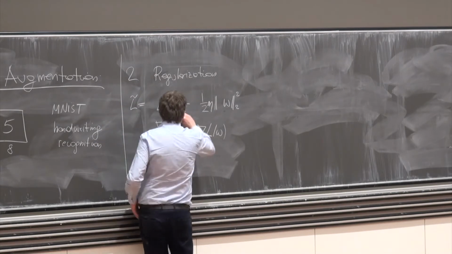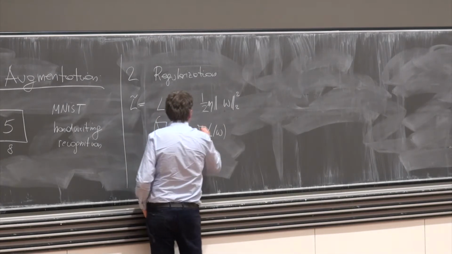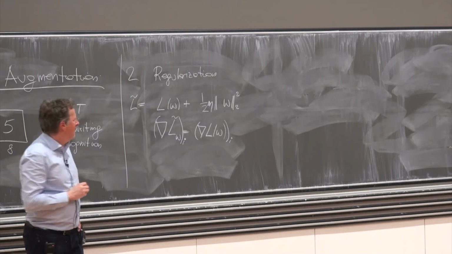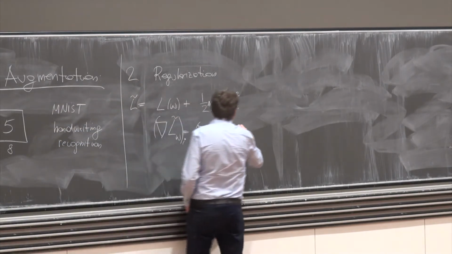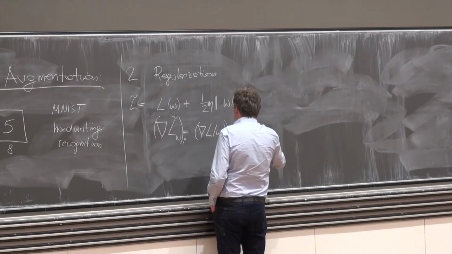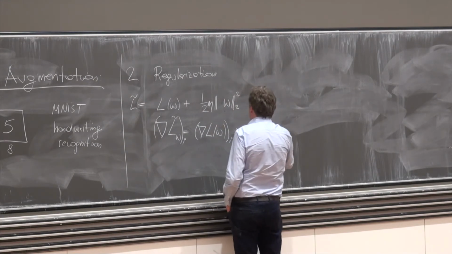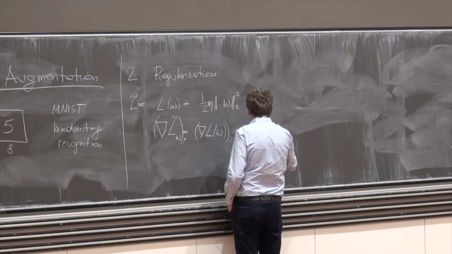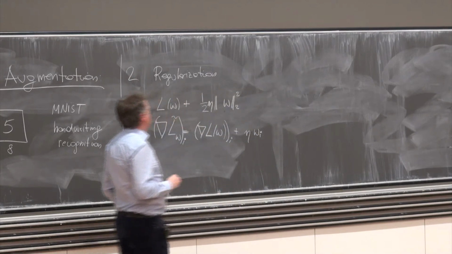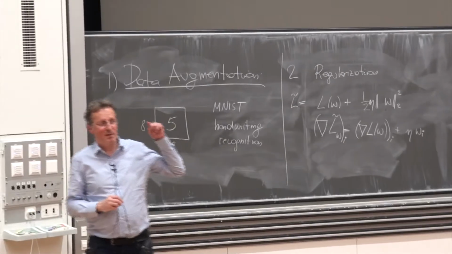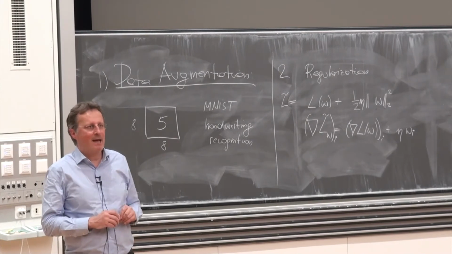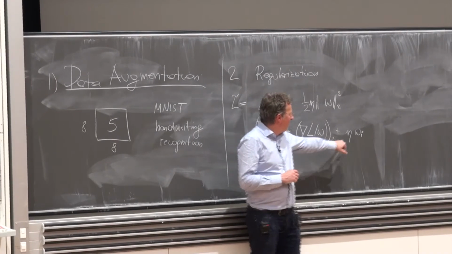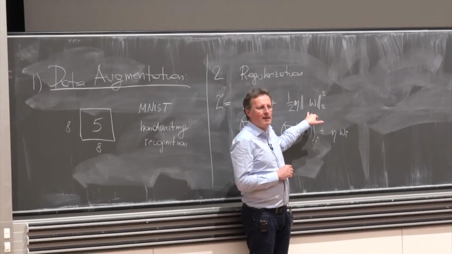Let me just write the ith term here, meaning I'm looking just at the ith weight and how much this changes. So I get the usual derivative with respect to the wi weight, the ith component of the gradient vector, plus eta times wi from this term.